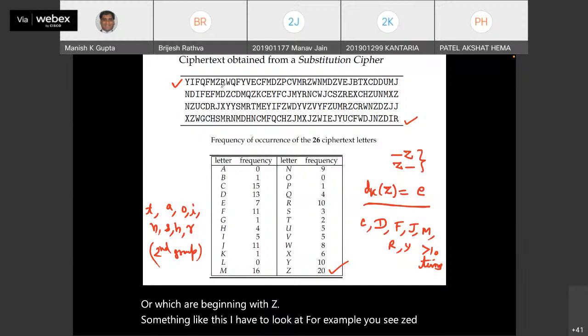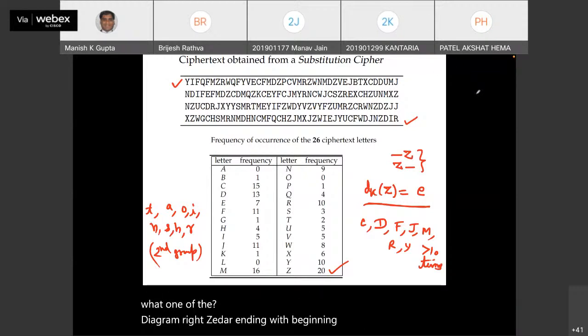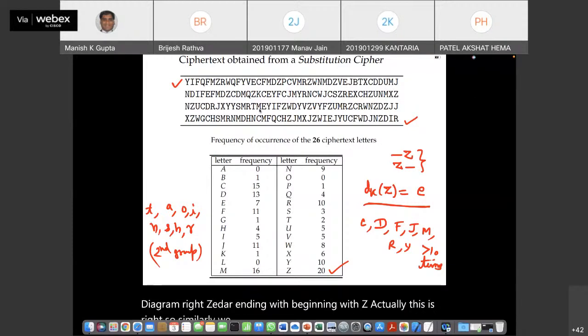ZR is one of the digrams, ending with R, beginning with Z. Similarly, we look at this and try to analyze. Normally we can write a computer program for doing all these things. I'm just showing you by hand. But of course, you need to look carefully at the whole ciphertext and see which one is what.